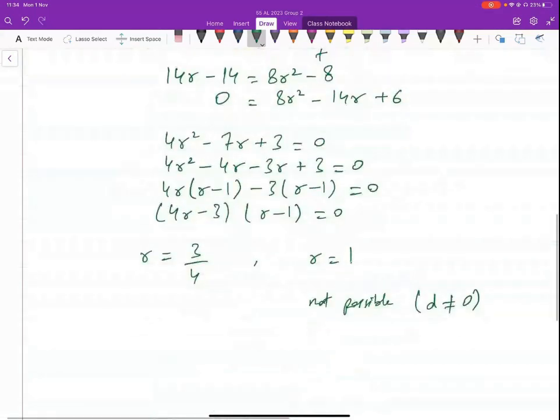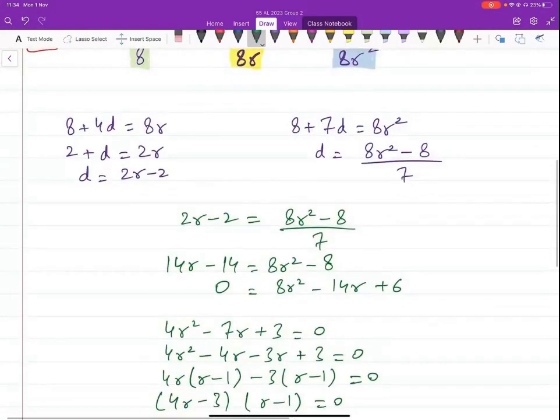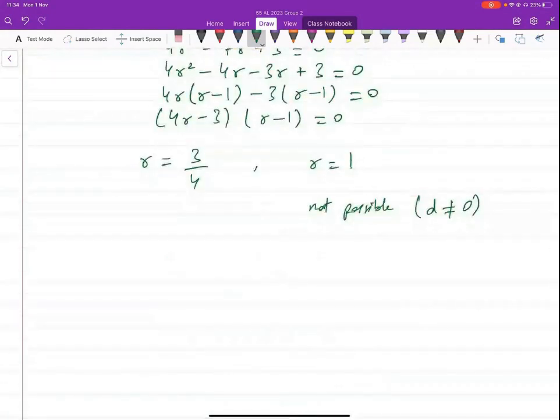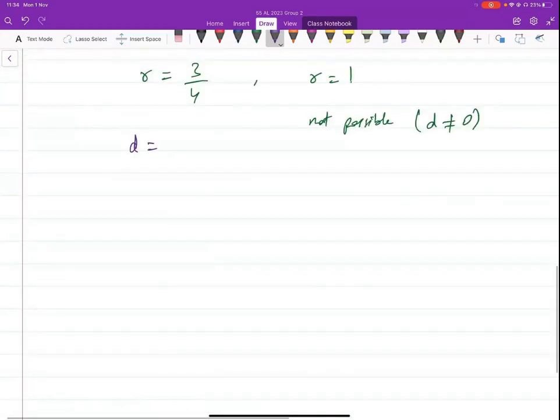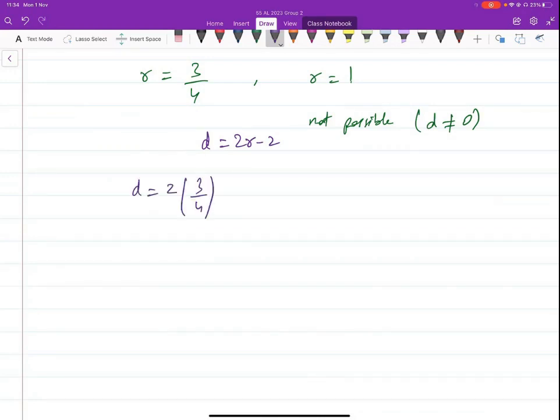So we've got the value of R here. How do you find D? We've got that relationship above. D equals 2R minus 2. We input it here. D turns out to be 2 into 3 over 4 minus 2.